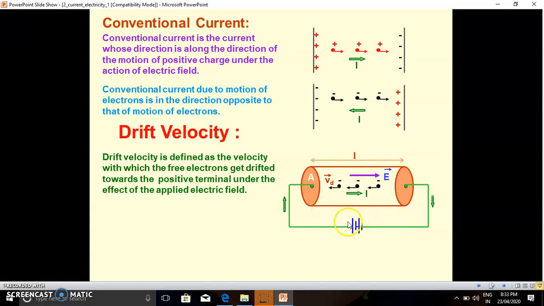And my dear student, this external electric field applied by using the battery is equal to the internal electric field produced by these moving electrons.